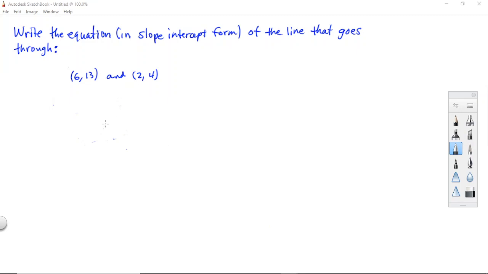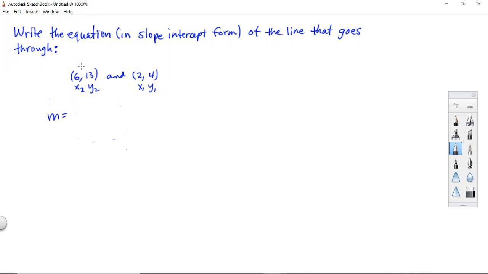Okay, so we're back. So we said first we're going to find the slope. And I'm going to call this one x sub 2, y sub 2. It doesn't matter. We use the slope formula, the difference in the y's divided by the difference in the x's.